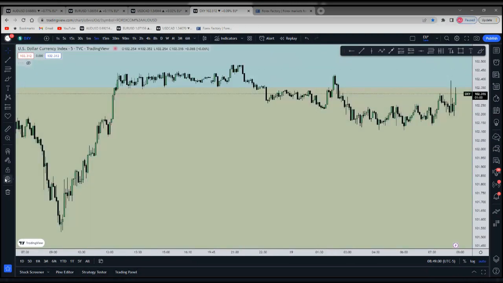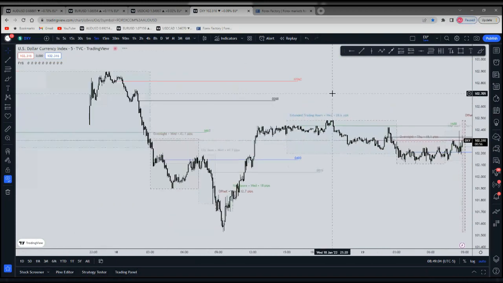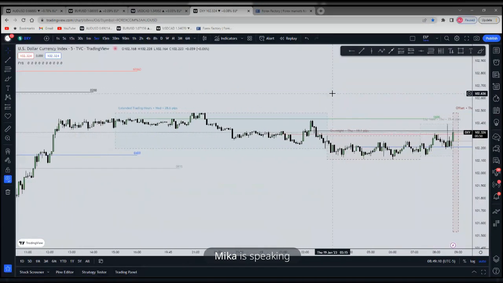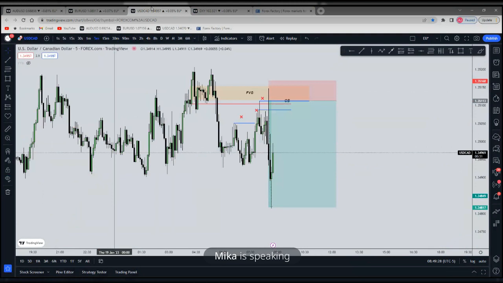In a perfect world, I want to see this go a little bit lower on the 1 hour and then buy it, but I know what you mean. In a perfect world, I'm looking at the balanced price range at 102, about that price level on the 1 hour.